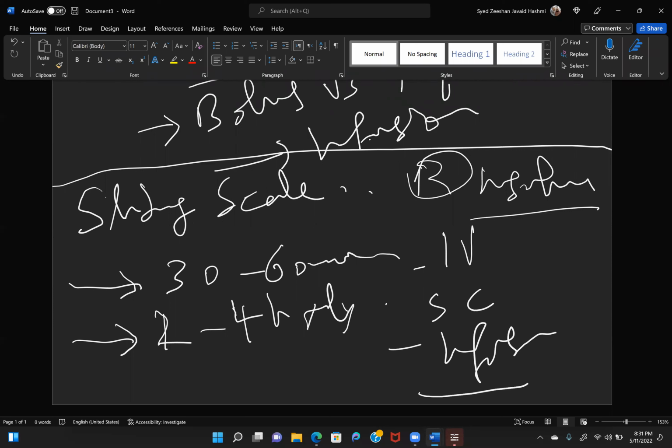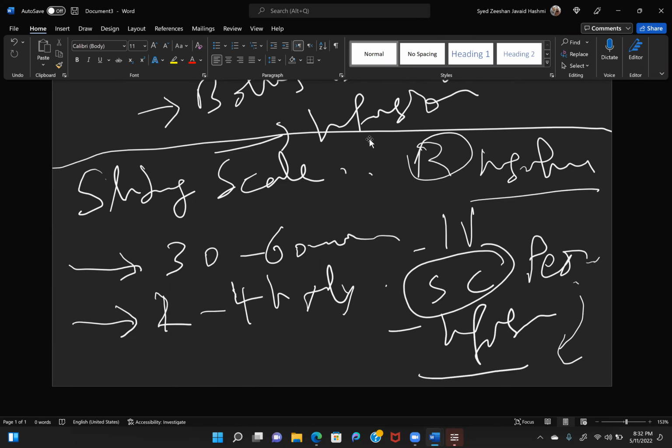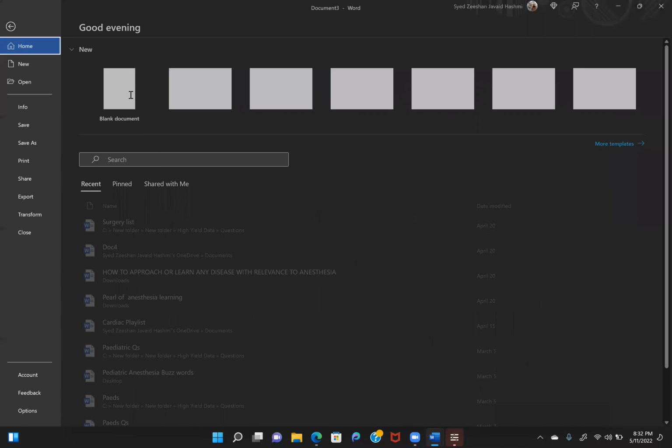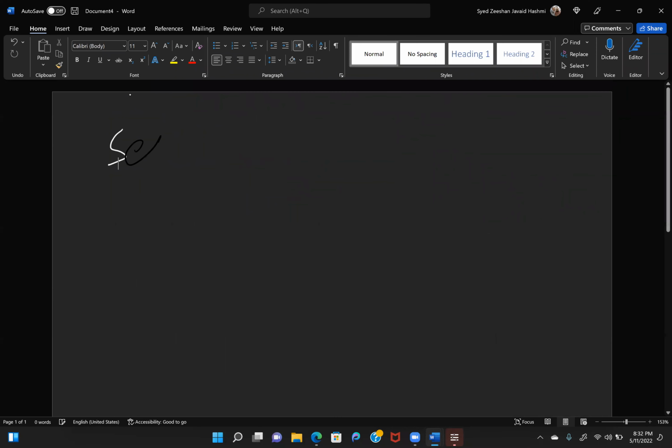Actually, this is a tricky question. The subcutaneous route is not preferable in the perioperative period, because the absorption may be unpredictable, especially in the intraoperative period. So the better way to answer this question is that you will be checking serial blood sugars.